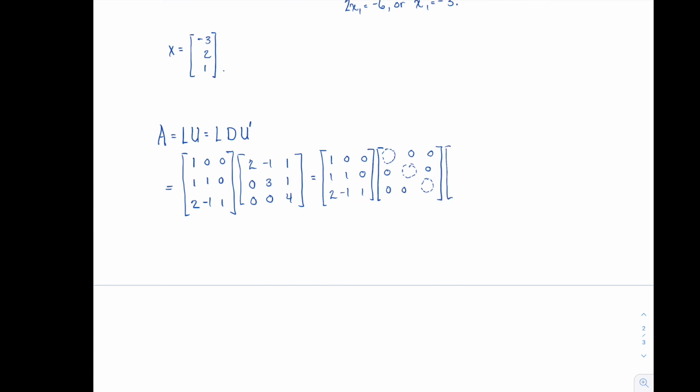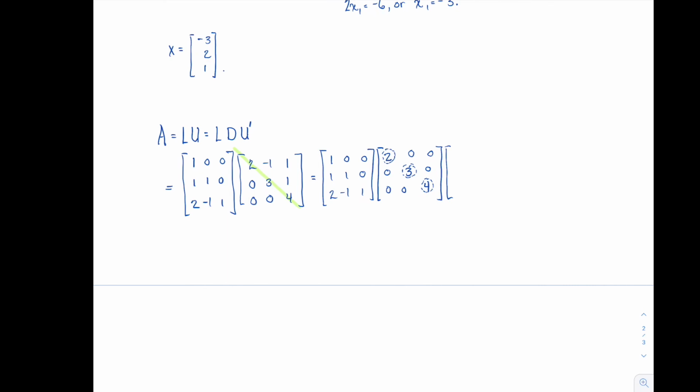All of these are zeros. Times U prime. Now, what this does is the diagonal is going to be the elements of this diagonal right there. So 2, 3, 4. So we can write those 2, 3, 4.